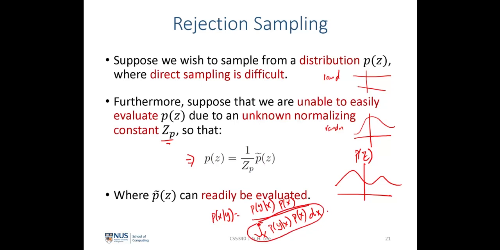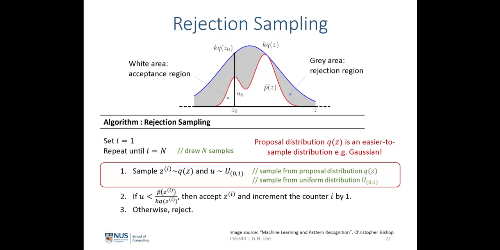So this normalizer, which we denote as Z_P, would be difficult to evaluate. This is one of the examples where we want to make use of the rejection sampling algorithm to evaluate this posterior probability distribution. So here's the algorithm of rejection sampling.